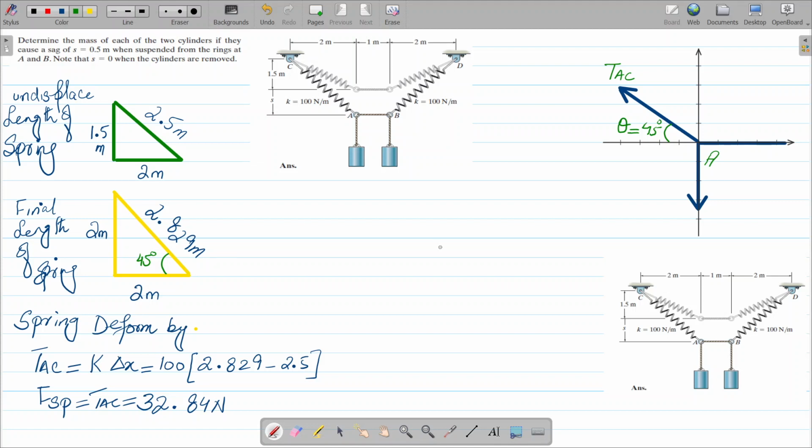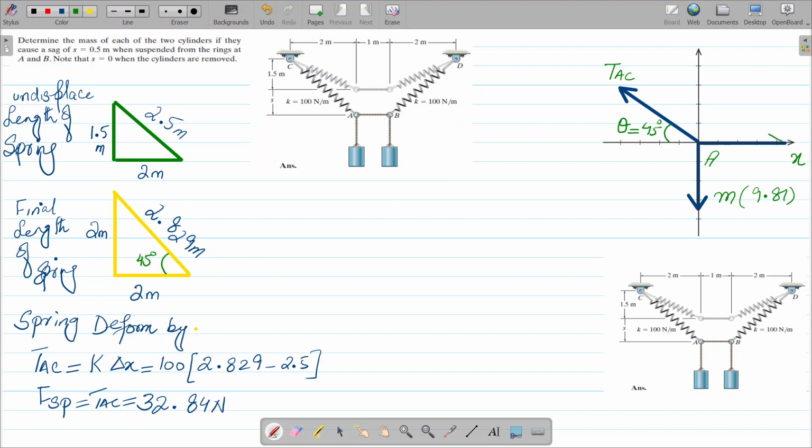And what about the weight of this spring? Basically the mass of the cylinder, we can easily calculate. We know weight is nothing but mg, so we can write it as m into 9.81. Just to let you know, this is our x-axis, and on the horizontal side, because this is a cable, this cable will have some tension.